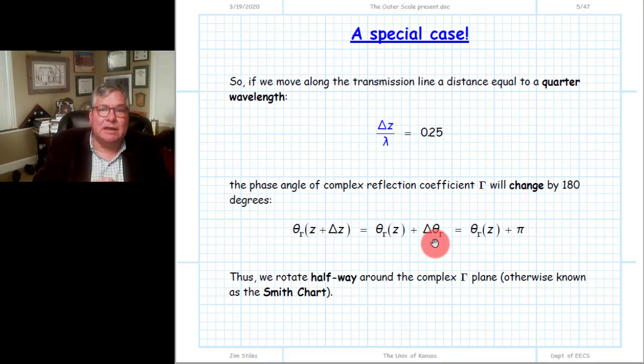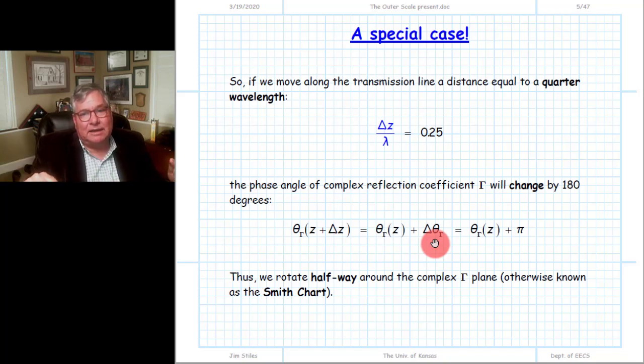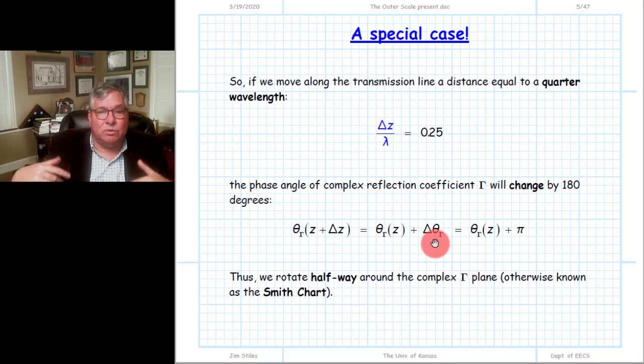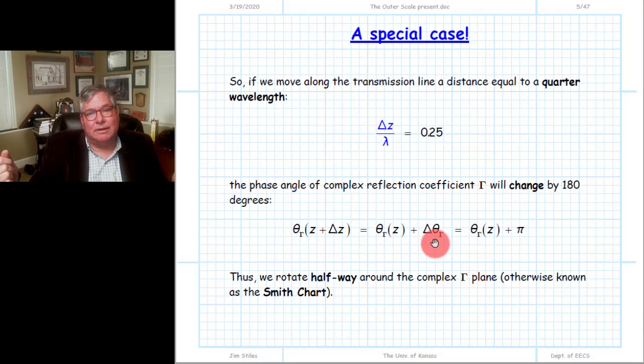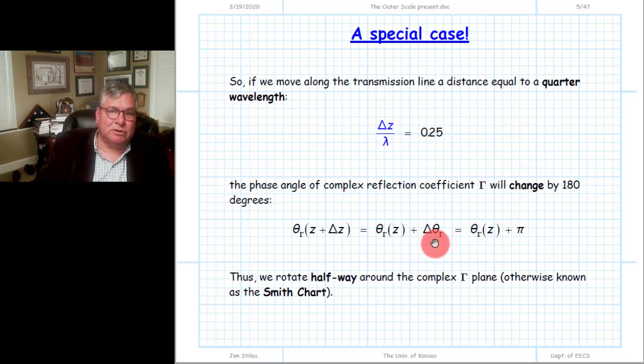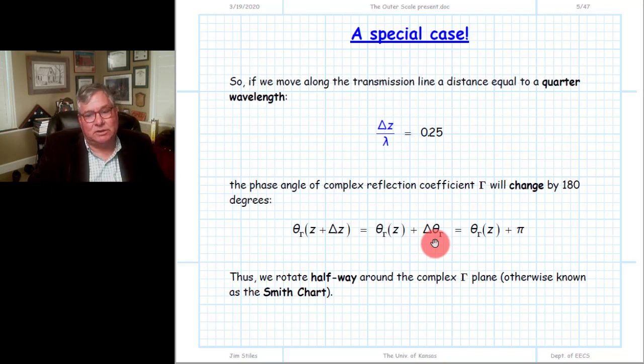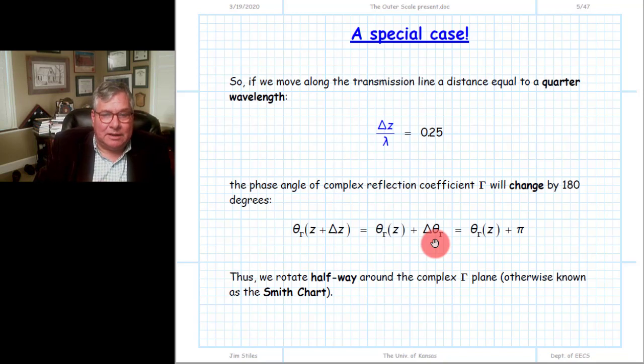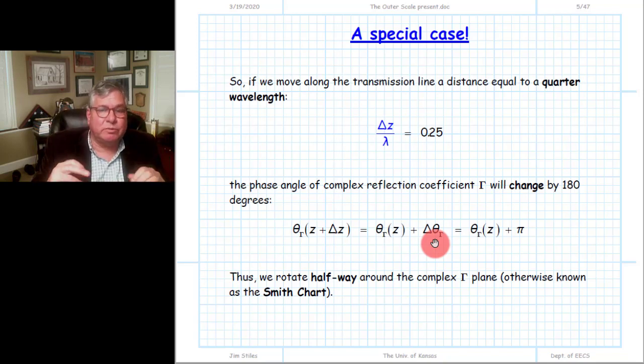If we move a distance of exactly 1/2 lambda, then we are back to where we were on the Smith chart. We have exactly the same reflection coefficient as what we had at the earlier point. Remember, the reflection coefficient function is periodic with respect to lambda over 2. Why are we talking about this? Well, the key thing in all these cases is that all these things are true regardless of the load reflection coefficient.